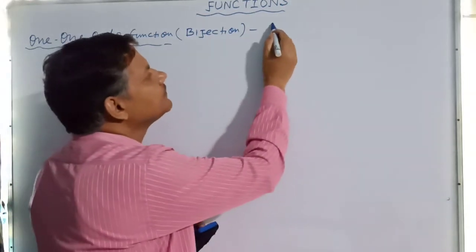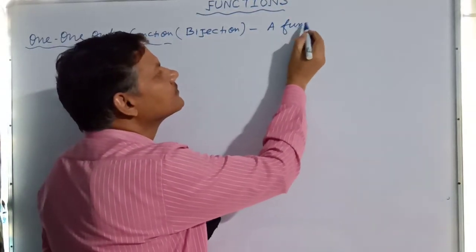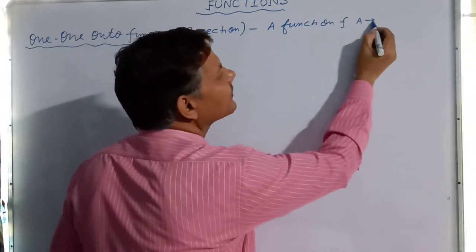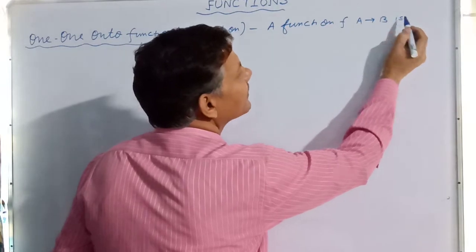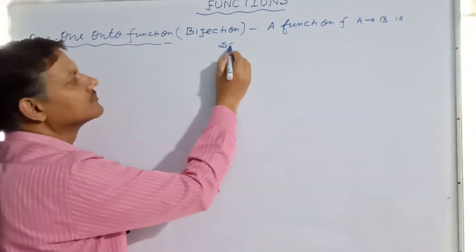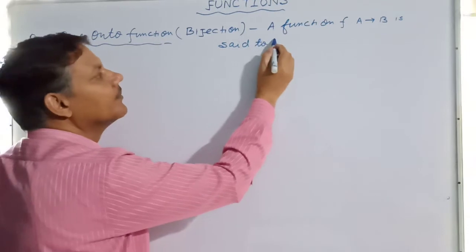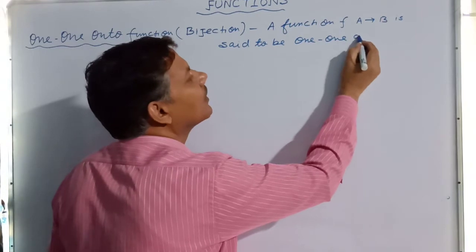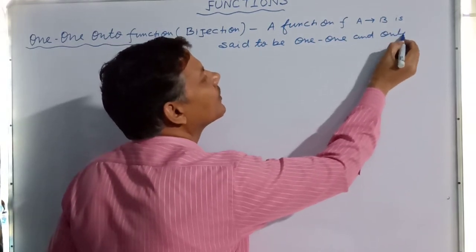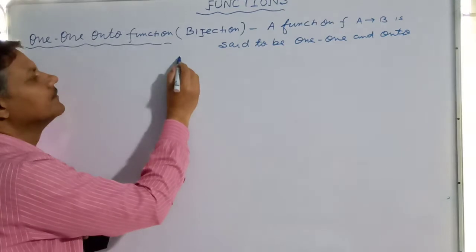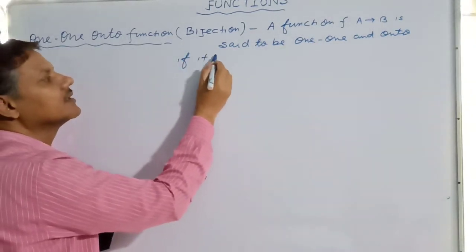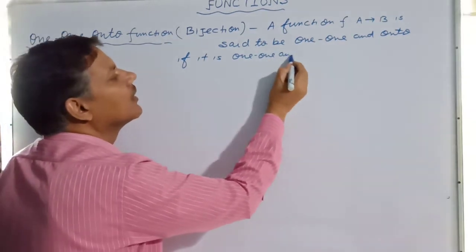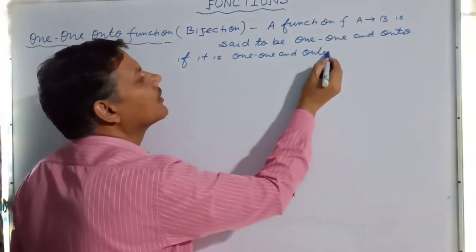A function f from set A to set B is said to be one-one and onto if it is one-one and onto both.